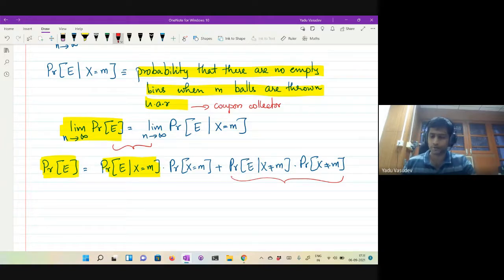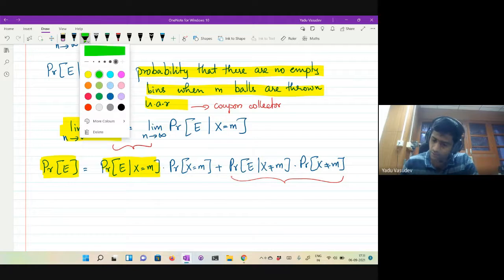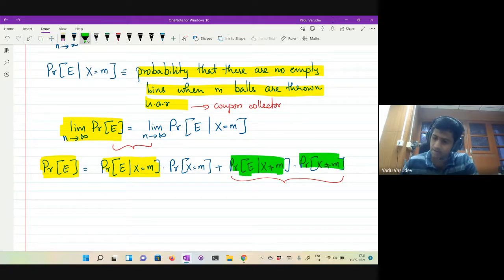That is what we want to argue finally. But first of all, it's not easy to see why these quantities must be small. But let's look at the variable X. What can I say about X? How is X distributed?